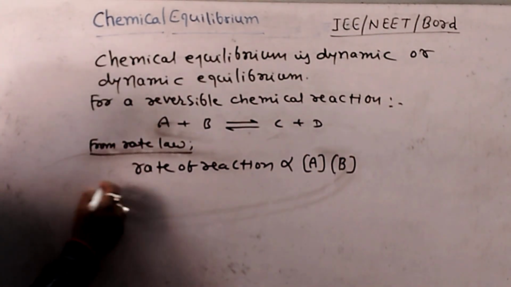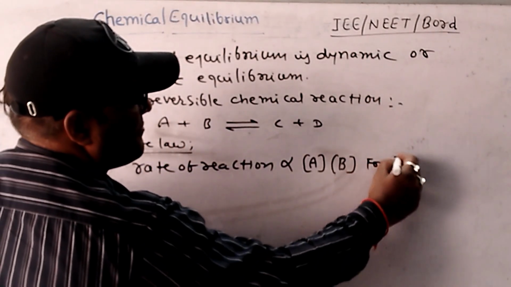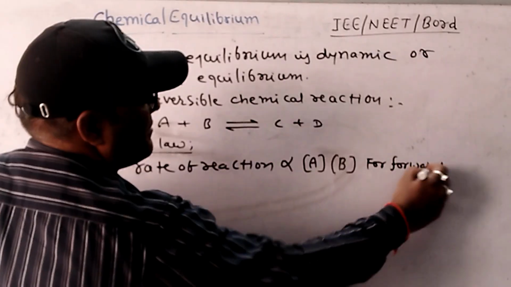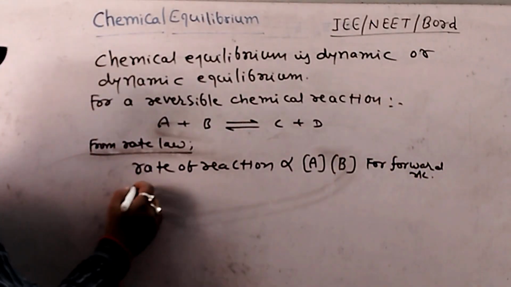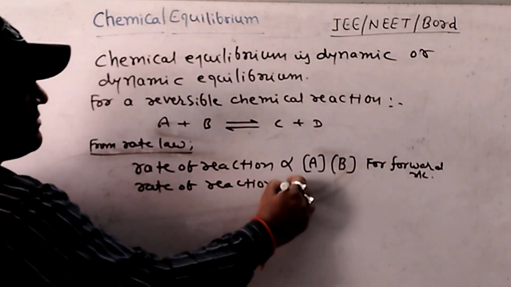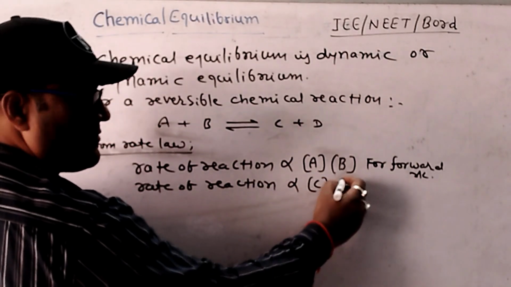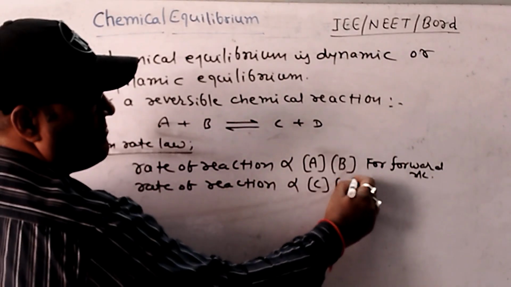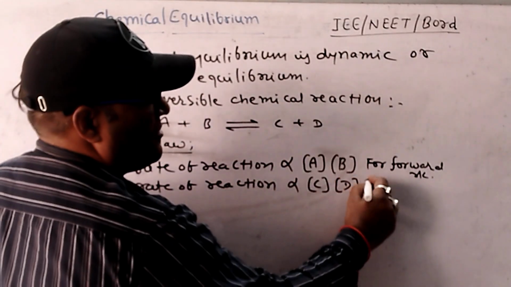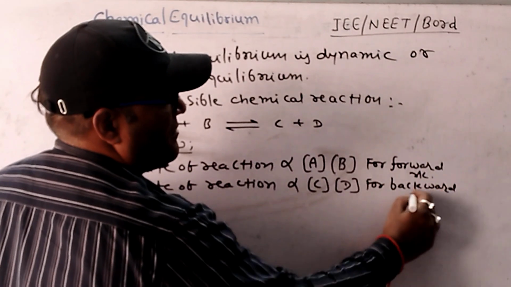Now for the forward reaction, and for the backward reaction, rate of reaction is directly proportional to the multiple of power of concentration of reactants.